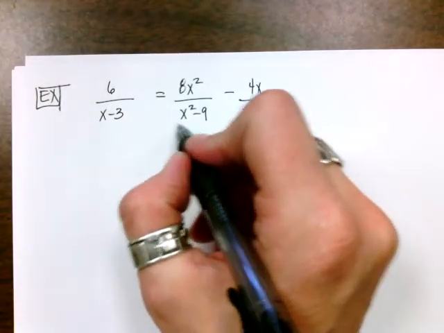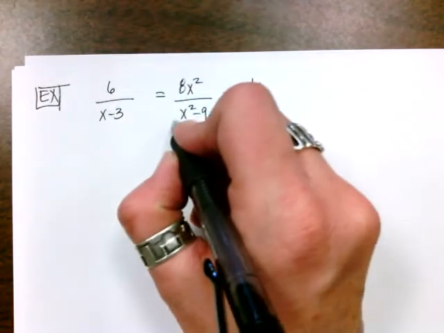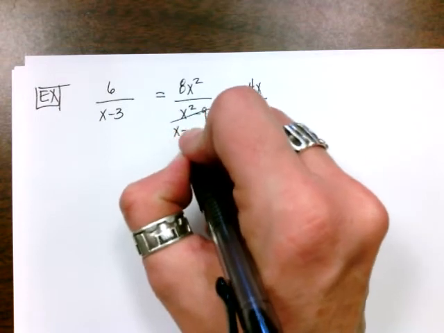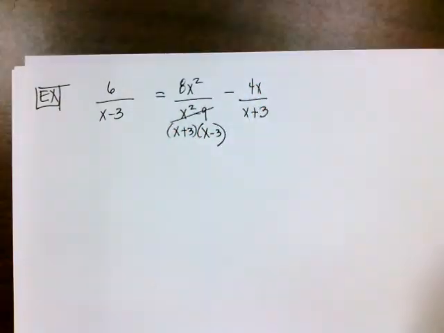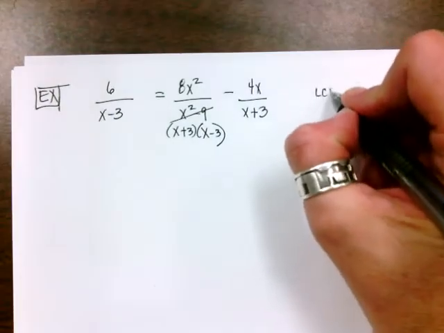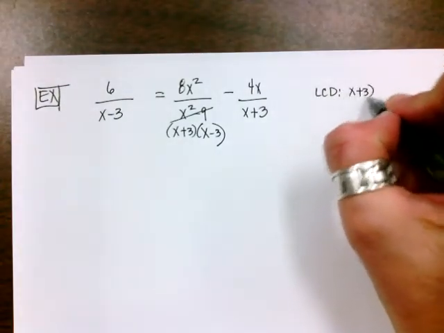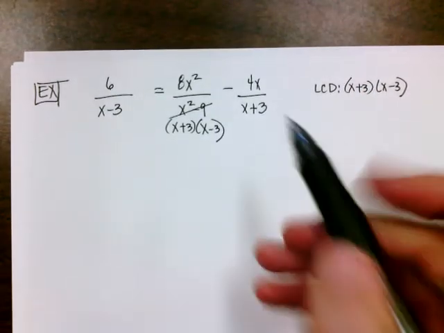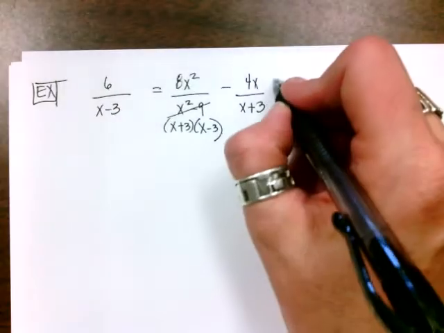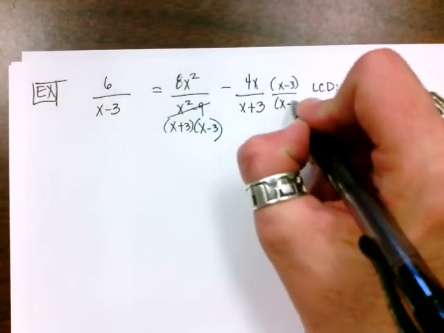What I'm going to start with is this side I'm going to leave alone, and I'm going to manage the right-hand side. So I know that this is x plus 3 and x minus 3. My lowest common denominator on the right-hand side is going to be x plus 3 and x minus 3. So I need to multiply this fraction by x minus 3 over x minus 3.